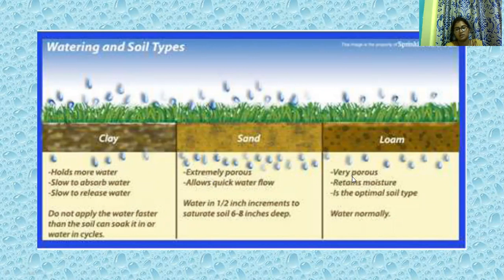Loam is very porous and retains moisture, so it is the optimal soil type. Do not apply water faster than the soil can soak it up, for example in half-inch increments.